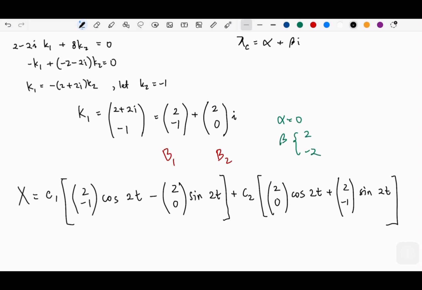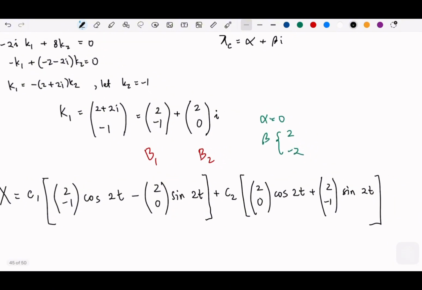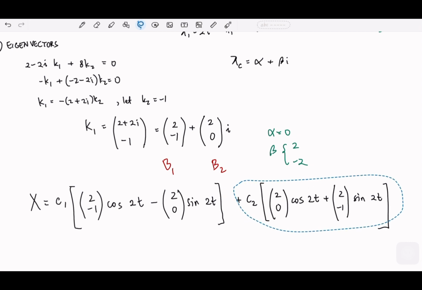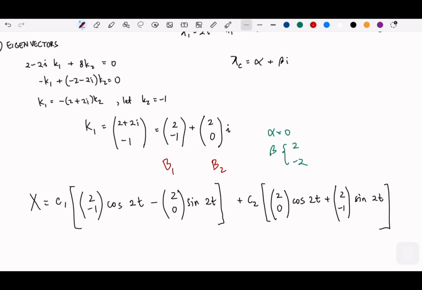Where is the alpha? The alpha is supposed to be having the exponent with power of alpha, but alpha is 0, so it will be 1. So it should be here, okay? At the end of every part, there will be an exponent. Supposed to be this exponent here. So exponent alpha t, this is also exponent alpha t, but alpha is 0, okay? So we can just write 1.